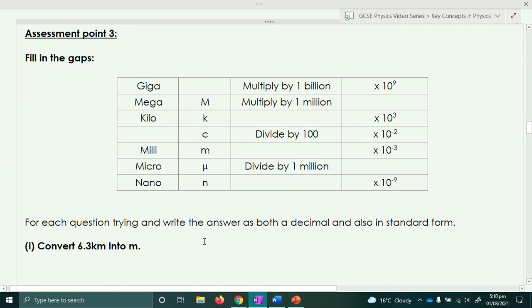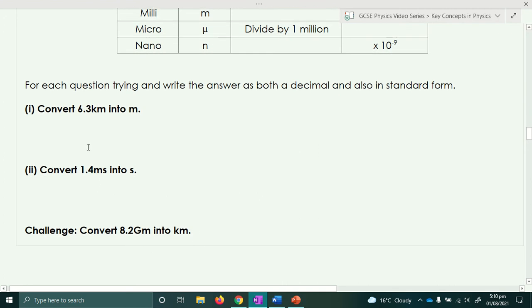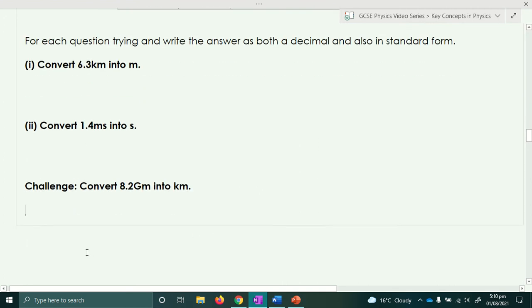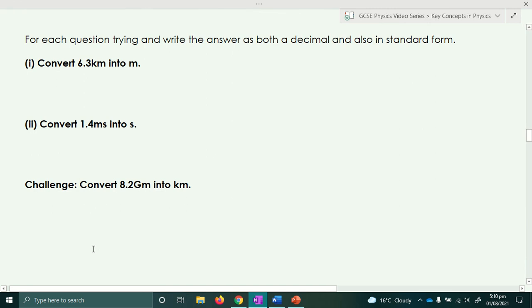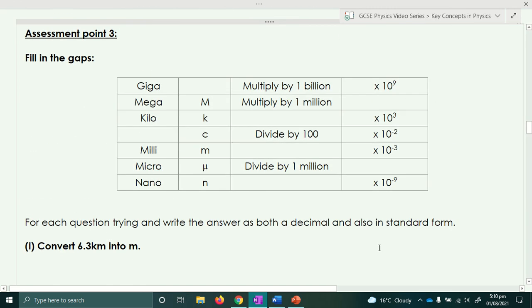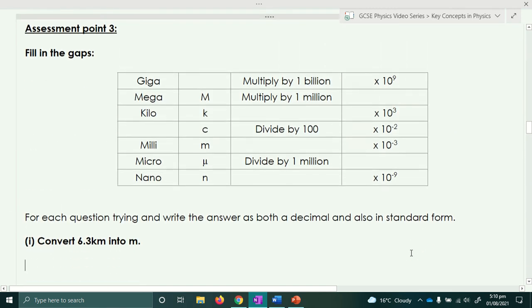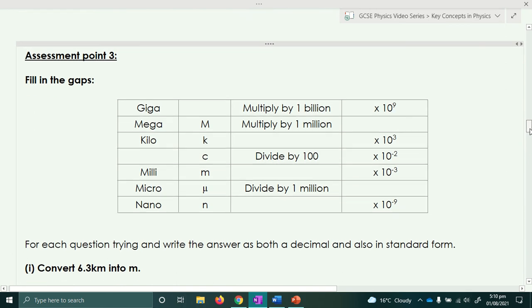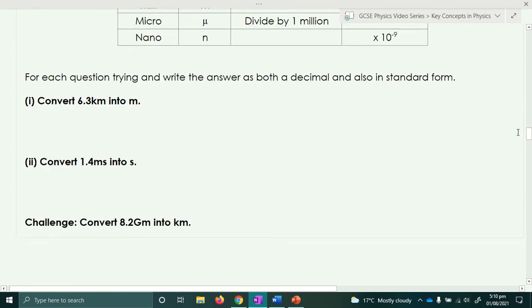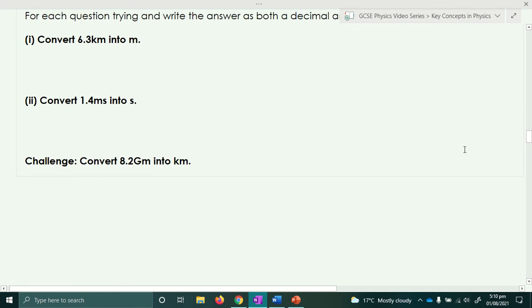And then if you can do that, also a couple of practice questions, including this more challenging one at the end, just to be a bit more interesting. So pause the video, have a crack at both these sections now. This one, the first section, and then the second part, and then we'll go through all of those.